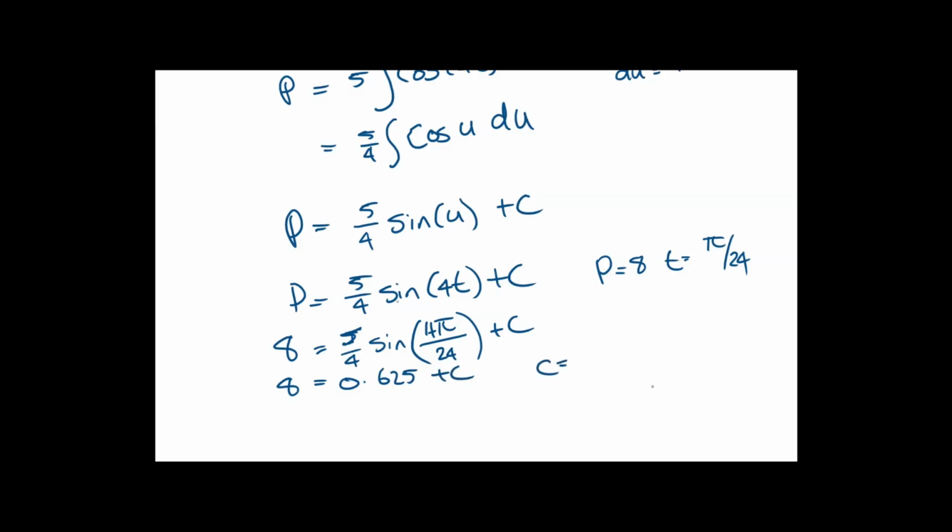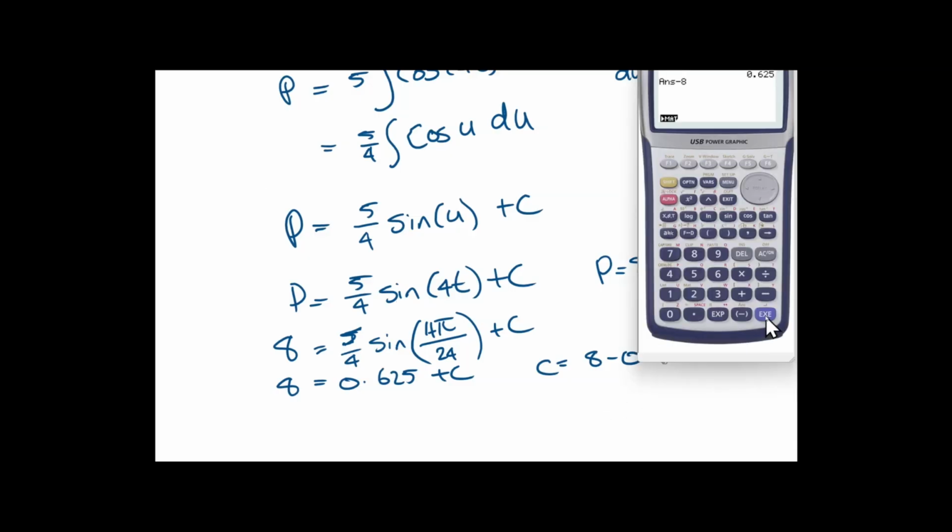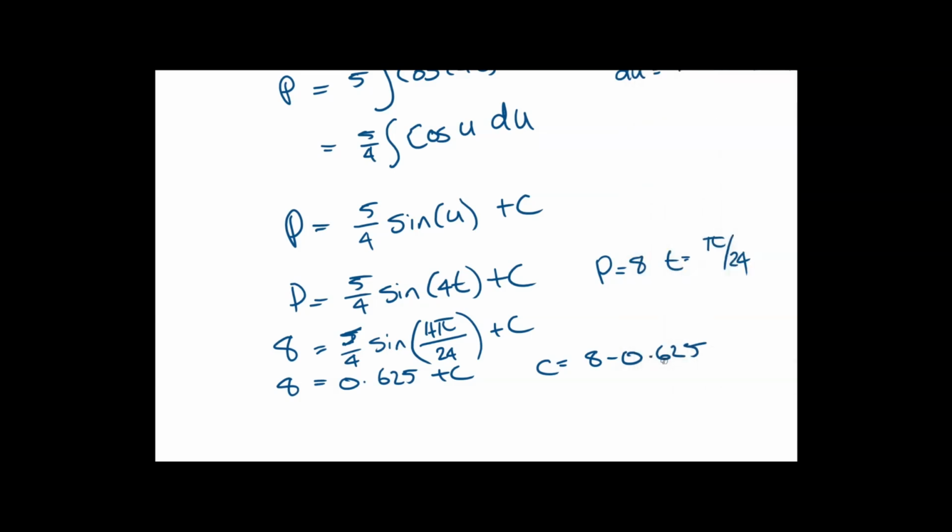Therefore C must be equal to minus 0.625, so it's going to be 7.37. We're done. Okay, next question.